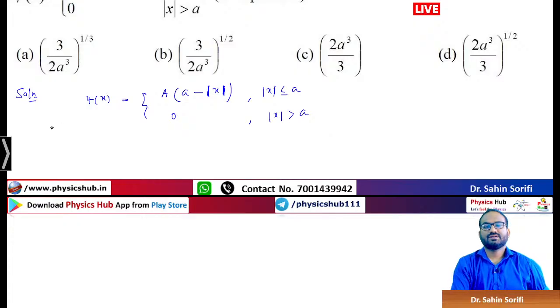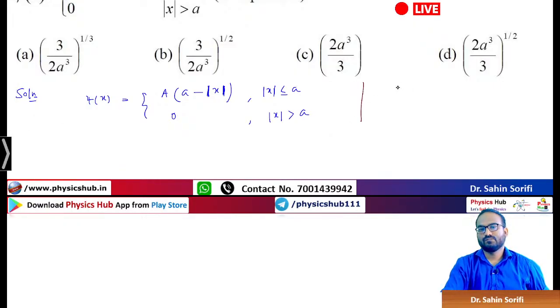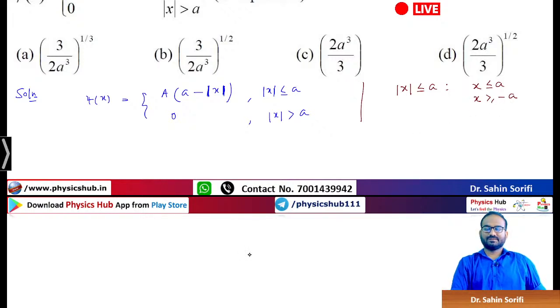Now the meaning of mod x less than or equal to A, what does it mean? It means x is less than or equal to A and x is greater than or equal to minus A, isn't it? That is the meaning of it.